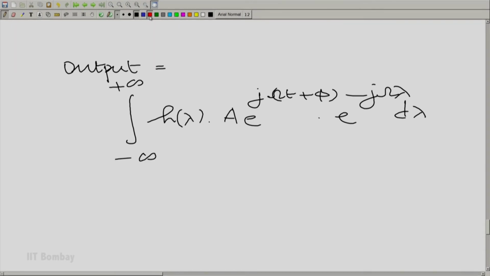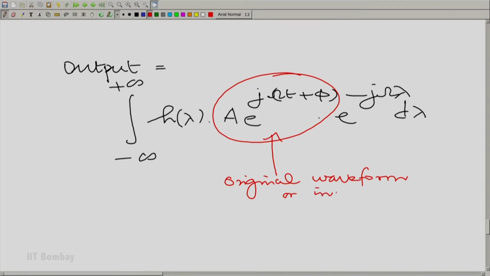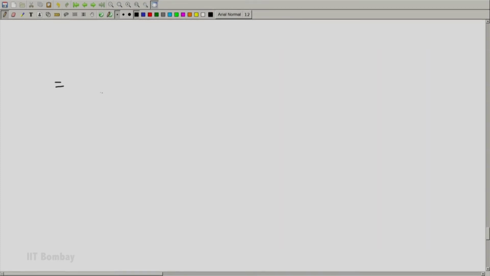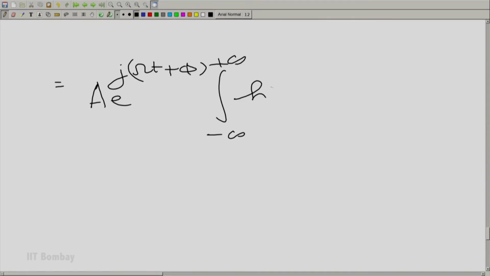So, the beauty is that you have essentially the original waveform coming into the picture once again, and this is independent of lambda, so it can come out. That gives us A e raised to the power j(omega t plus phi) times the integral from minus infinity to plus infinity of h(lambda) e raised to the power minus j omega lambda d lambda.